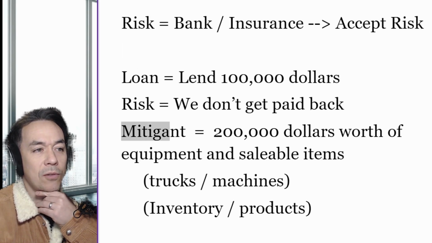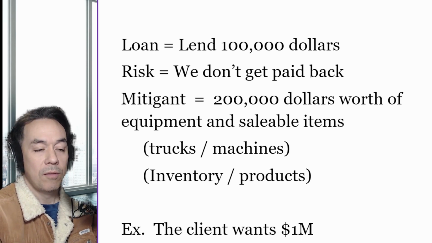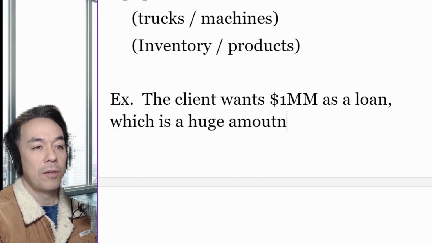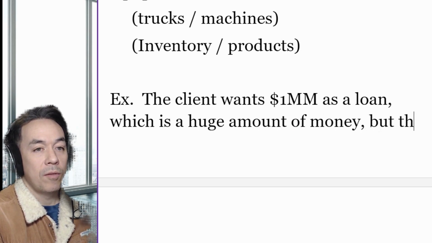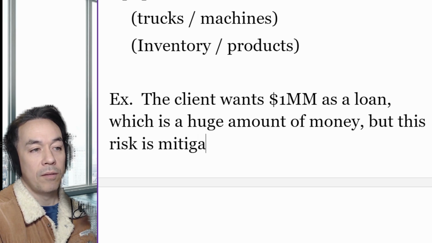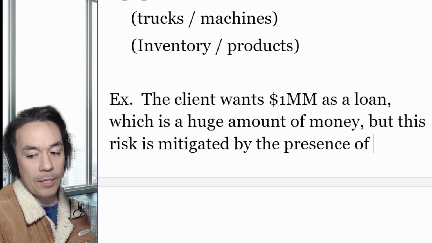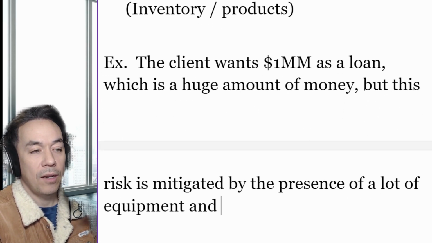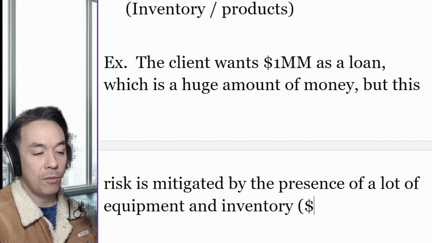Oh, let me make an example sentence first for this mitigate. Okay, so you could say, the client wants, we'll say, $1 million as a loan, which is a huge amount of money, but this risk is mitigated by the presence of a lot of equipment and inventory, and we'll say that's 2 million.